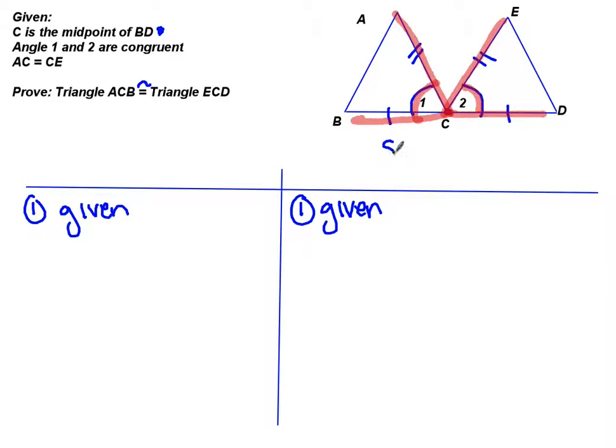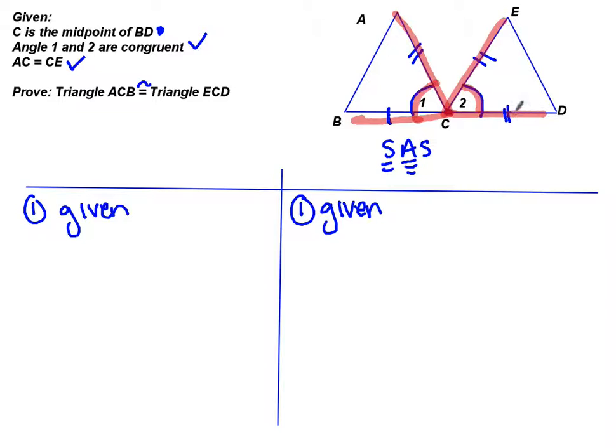So for SAS, did I clearly state that there was a pair of sides congruent? Well, yes, AC equals CE, that was given. Did I prove a pair of angles were congruent? Well, yes, angle 1 and angle 2 are congruent. Did I clearly state a second pair of sides are congruent?